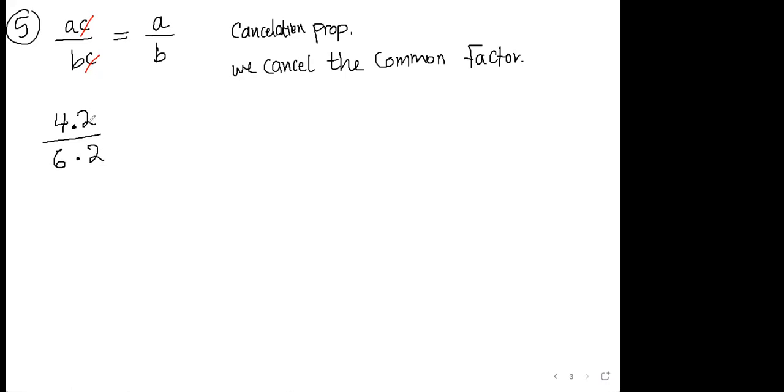So look, 4 times 2 over 6 times 2, we can cancel the 2 by each other because they are common factor. What is the answer? It's 4 over 6. We can simplify this by dividing both sides by 2. Give me 2 over 3. Any question? Is it clear?